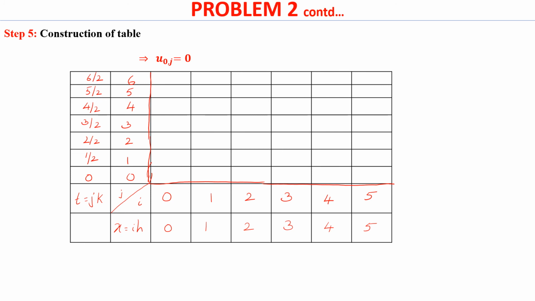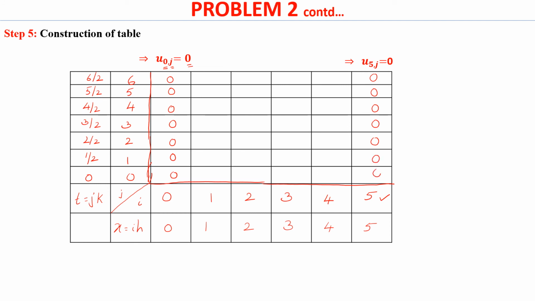So you see i equal to 0 for all values of j is 0, meaning all the cells in the first column will become zeros. So that's easy. Then look at the next boundary condition. We have u5j equal to 0, meaning when i is equal to 5 for all values of j, all of them are zeros.